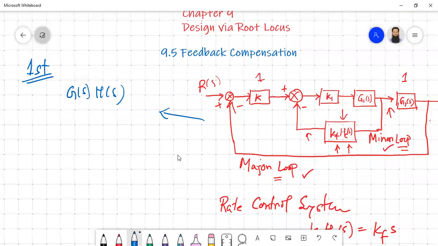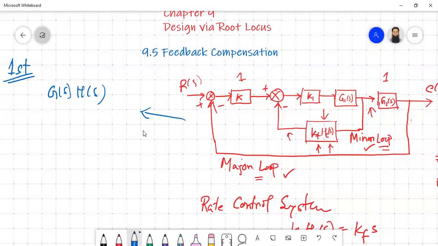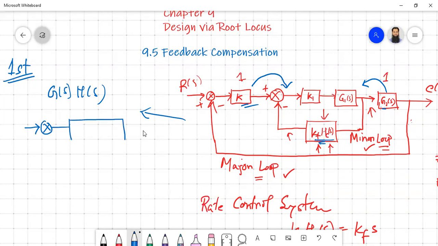So what we are going to do here is we are going to insert this one here, and also we are going to insert this one here, and then these two parameters have to be divided with this one. Okay, so this is block diagram reduction again. So basically what we are going to get here is, if you insert both of them together, the combined gain will be K, K1, G1S, G2S.